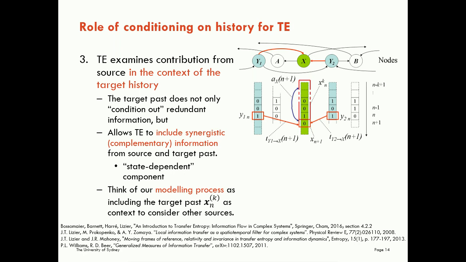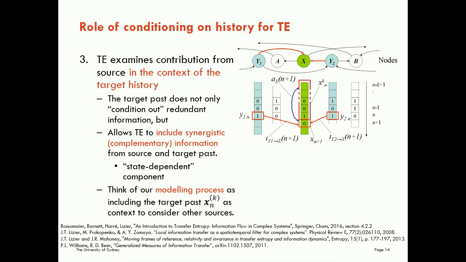But I want to make explicit that the target past's role here in the conditional mutual information is not only to condition out redundantly held information between the source and the target past, but that it allows the transfer entropy to include synergies, synergistic information or complementary information from the source and the target past together. Remember, that's one difference that the conditional mutual information has to the unconditional mutual information. The conditioning can act to increase the information that we see.